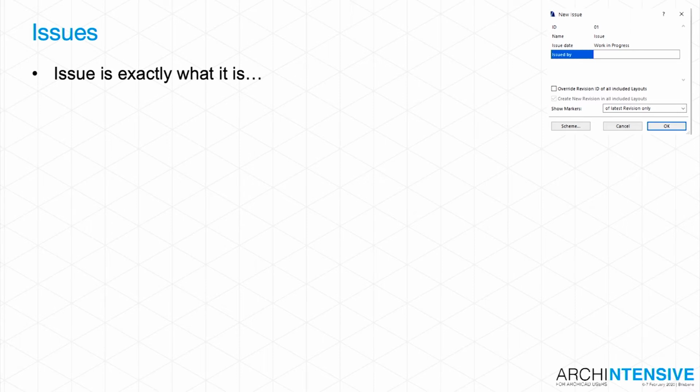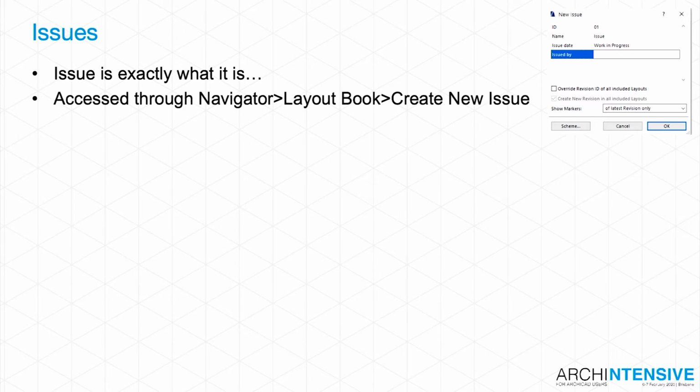For those that aren't aware of it, an issue is the process that you're going to undertake to issue documents to someone. The documents that you issue as part of that issue may have a revision attached to them, or they may be the same as the last time you issued them. So that's all it is.